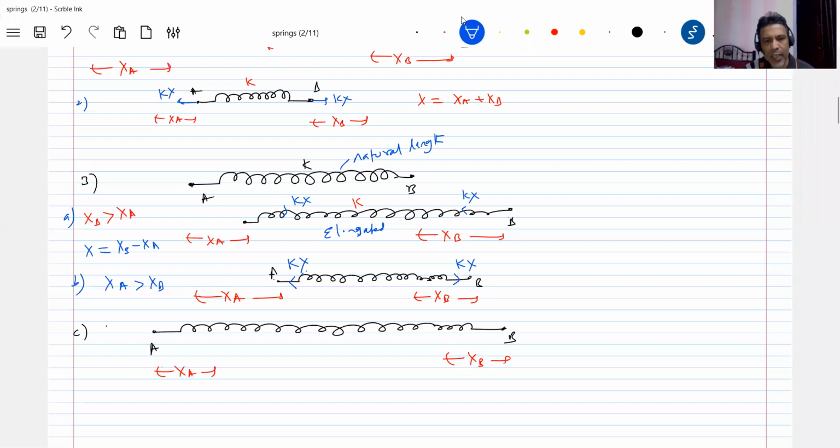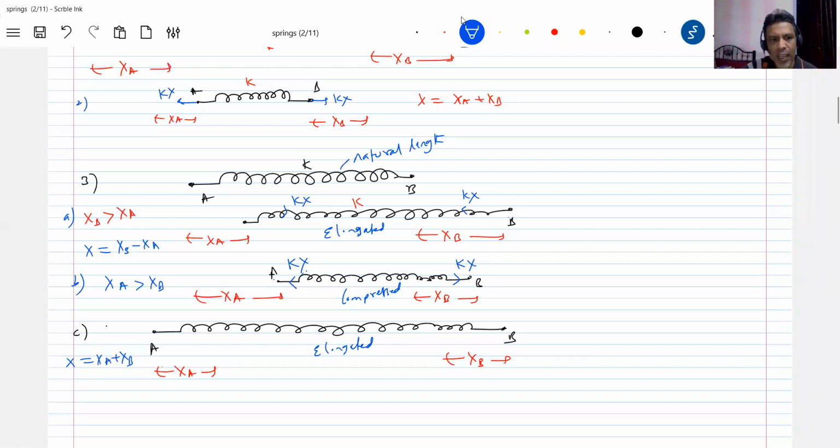So what is the state of the spring now? It got elongated, no? Now what is the elongation? Anything, xa greater than xb, that one. So the total elongation should be xa plus xb.